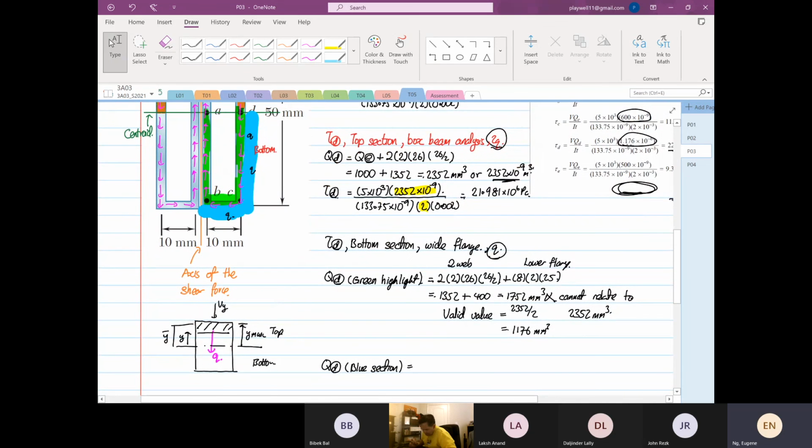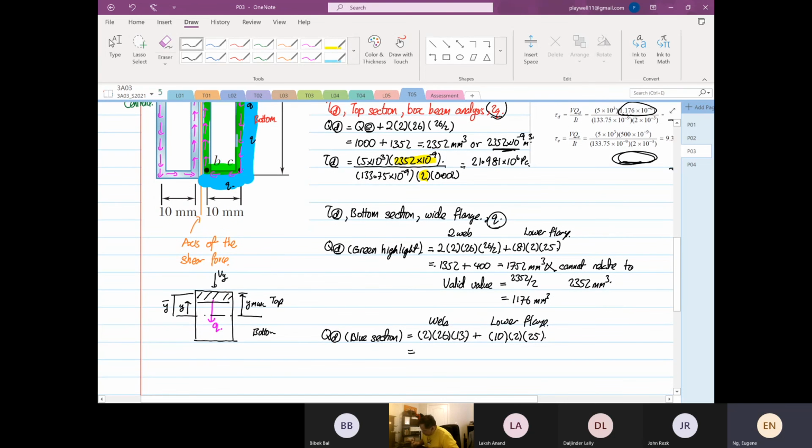So for the blue section, the width is 2. This is 26 by 13. Now this is for the web plus lower flange. The lower flange I'm going to take is 10, and then the depth 2, and we multiply by 25.